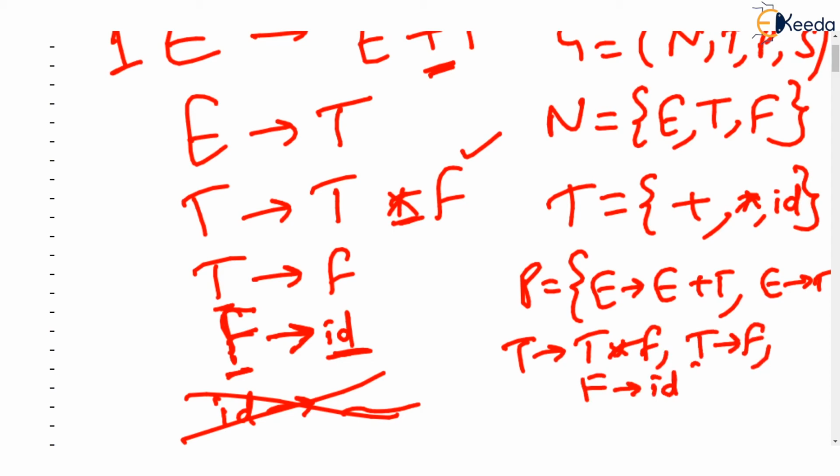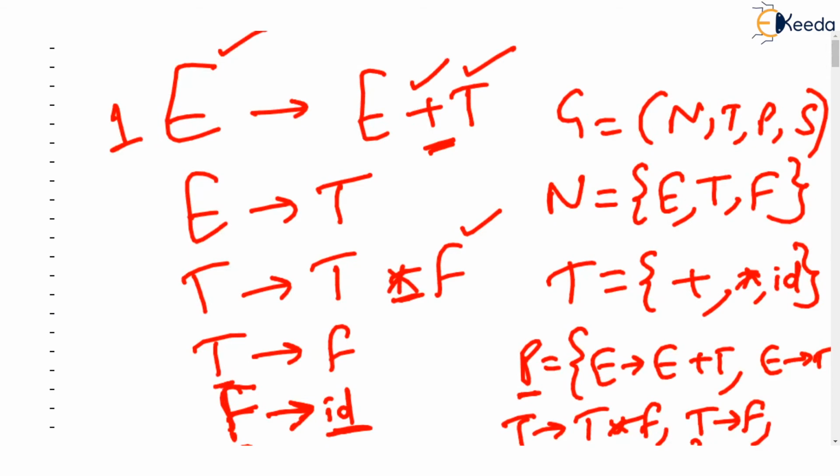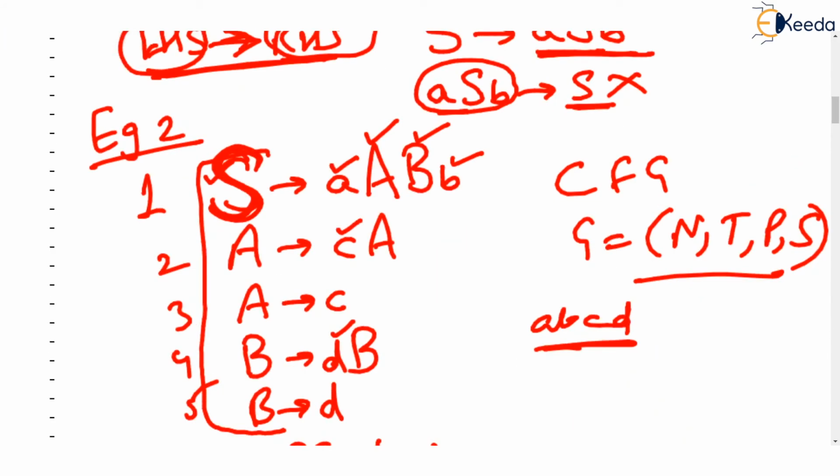And this is the production set. And finally, who is the start symbol here? Come on, who is the start symbol? Yes, E is the start symbol. You watch this E, which is there in the first production on the top left corner, will be the start symbol. I hope you are understanding how to read the specifications given in the CFG.